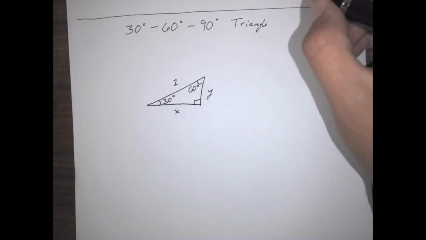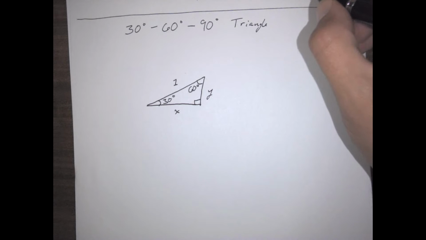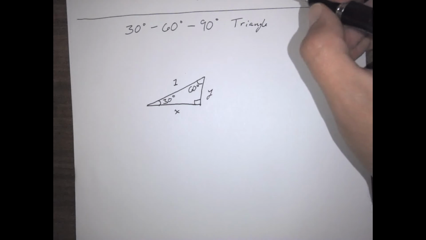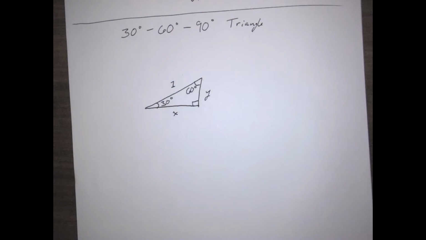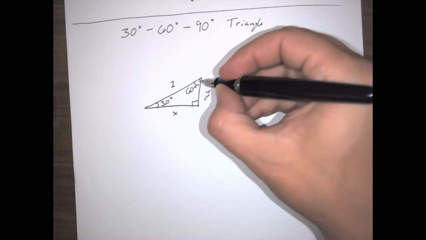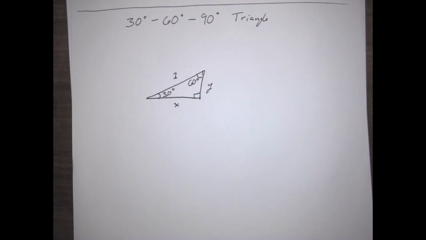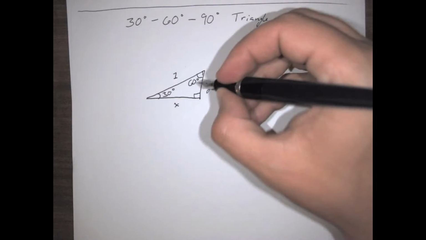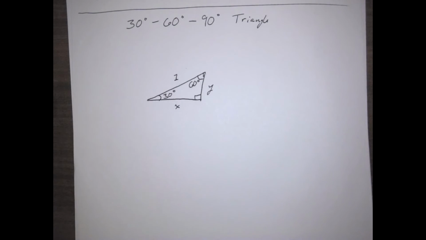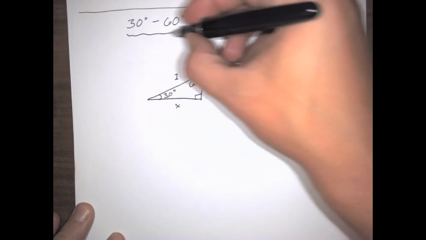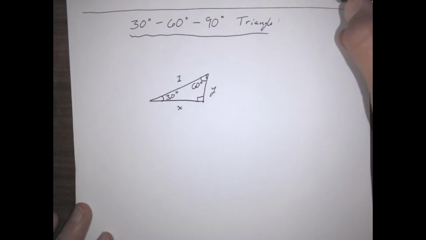Now let's think about this. Can we make any kind of heads or tails of this? We want to try and maybe use the Pythagorean theorem, something like that. But unfortunately, we have 2 unknowns, and the Pythagorean theorem works best if we can fill in all but one of the blanks. So now let's think about it for a while, and suppose we meditate on it for a long time, and we get frustrated, and we take a walk, and we go to the lake, and we think about it there.